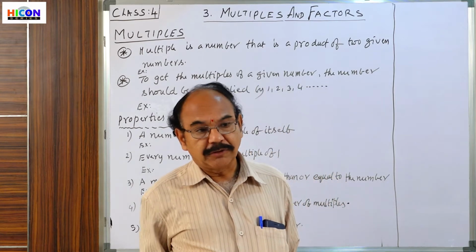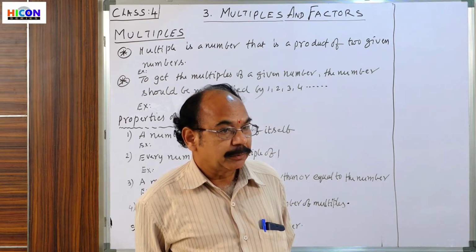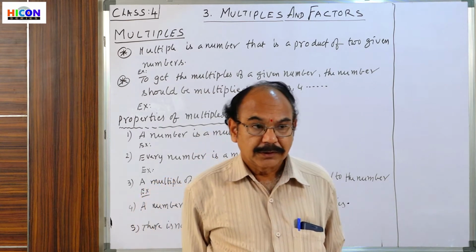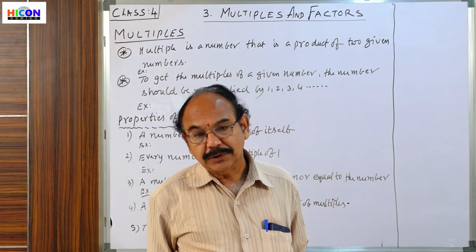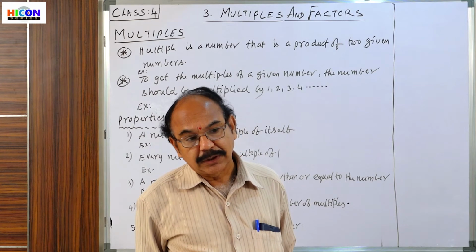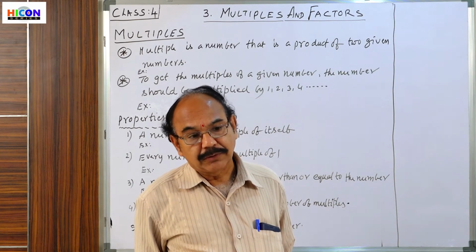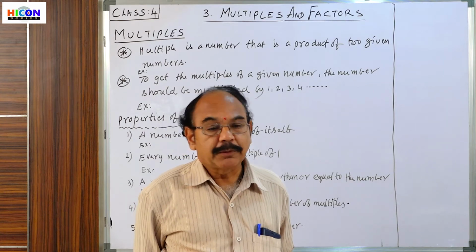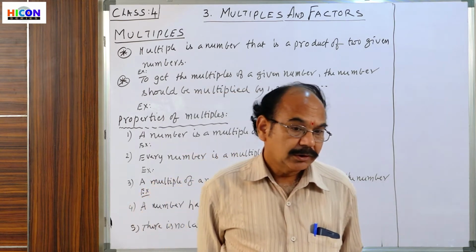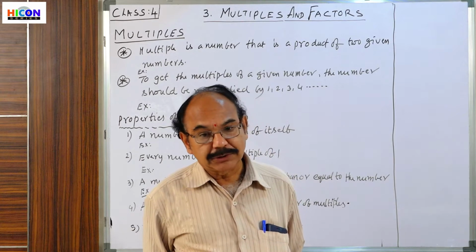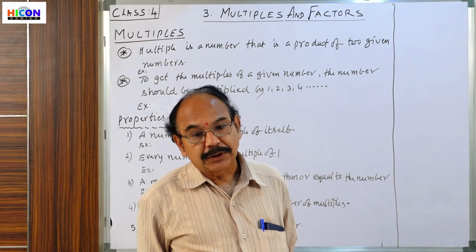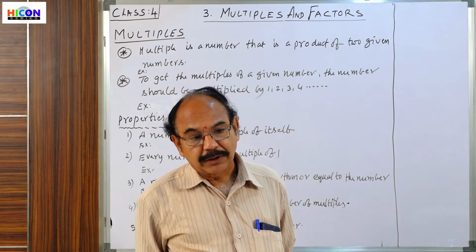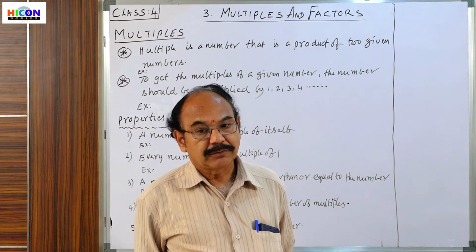See, you are thorough with the multiplication tables. Suppose the teacher asks you to read the 5 table, immediately the student will get up and start reading the 5 table.